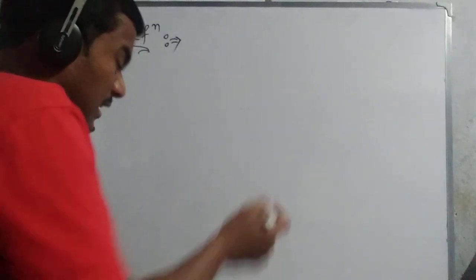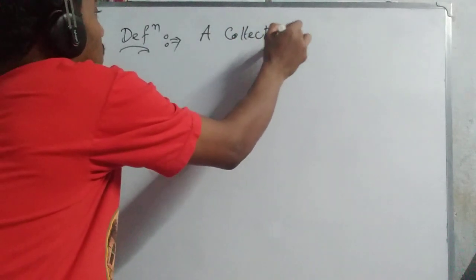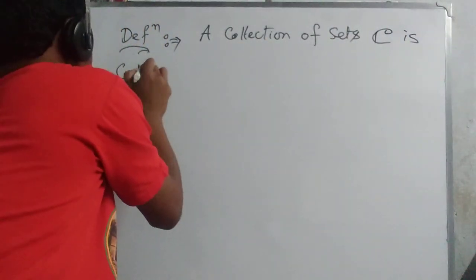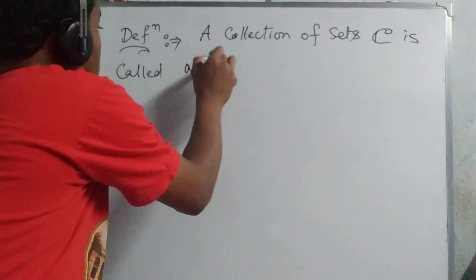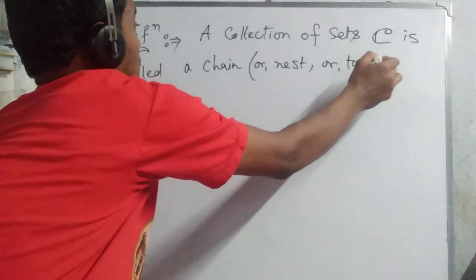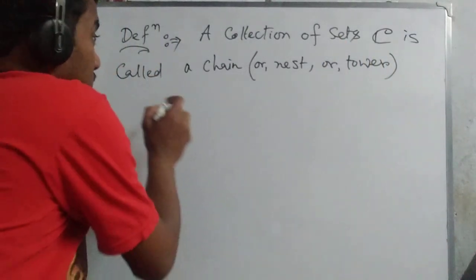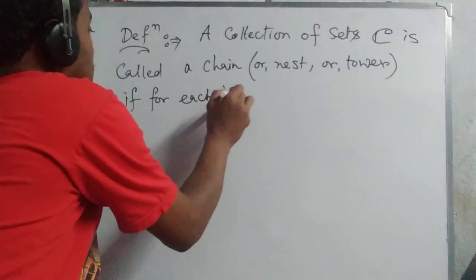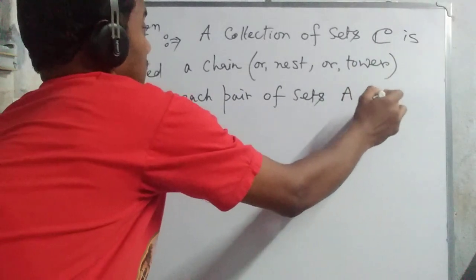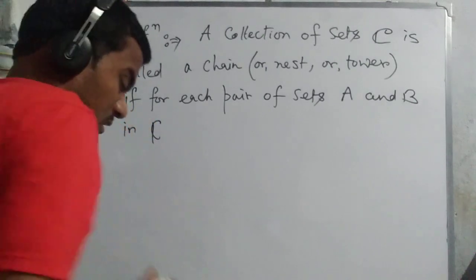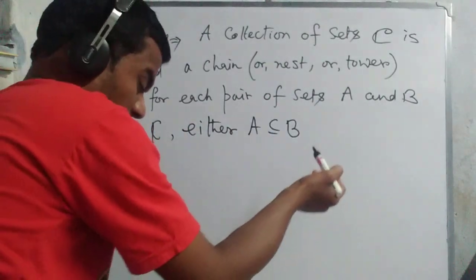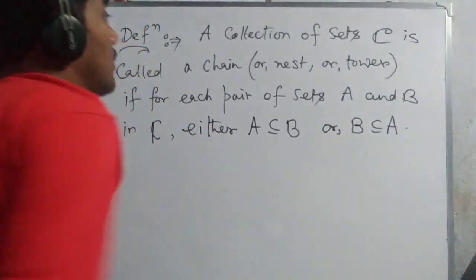A collection of sets C is called a chain, or nest, or tower, if for each pair of sets A and B in C, either A is a subset of B or B is a subset of A, understood.